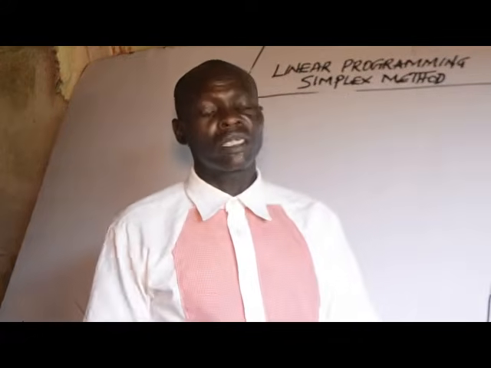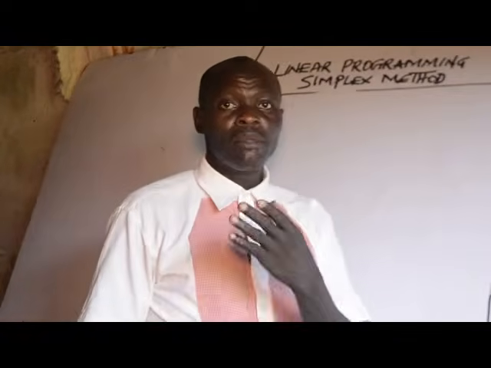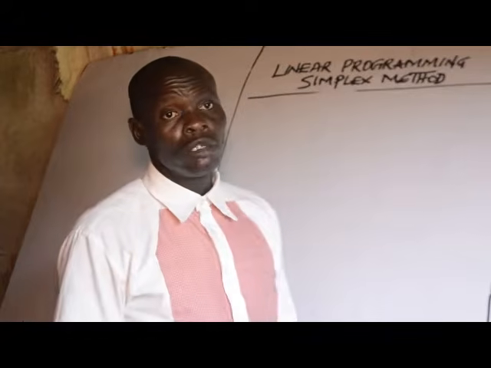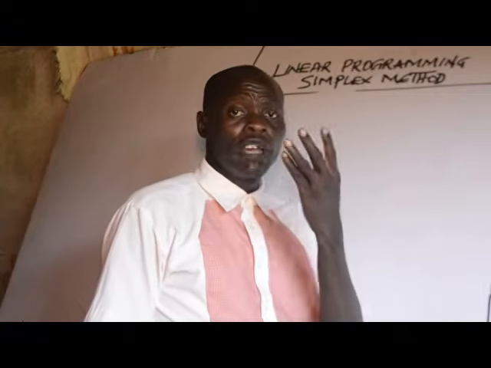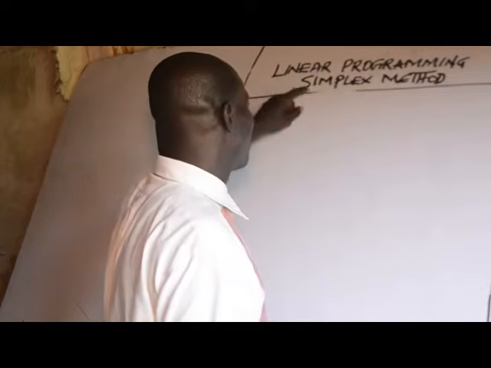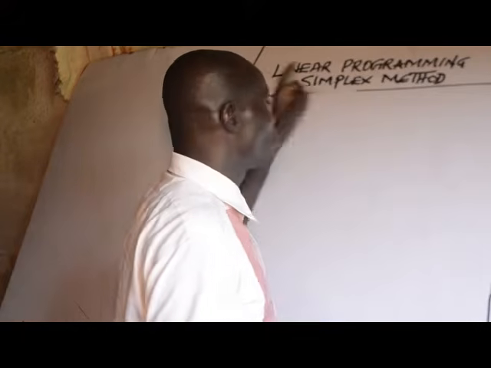I want you to know that the simplex method can be used to solve linear programming problems where the number of variables involved is more than 2. But the graphical method can only be used where the variables involved do not exceed 2.